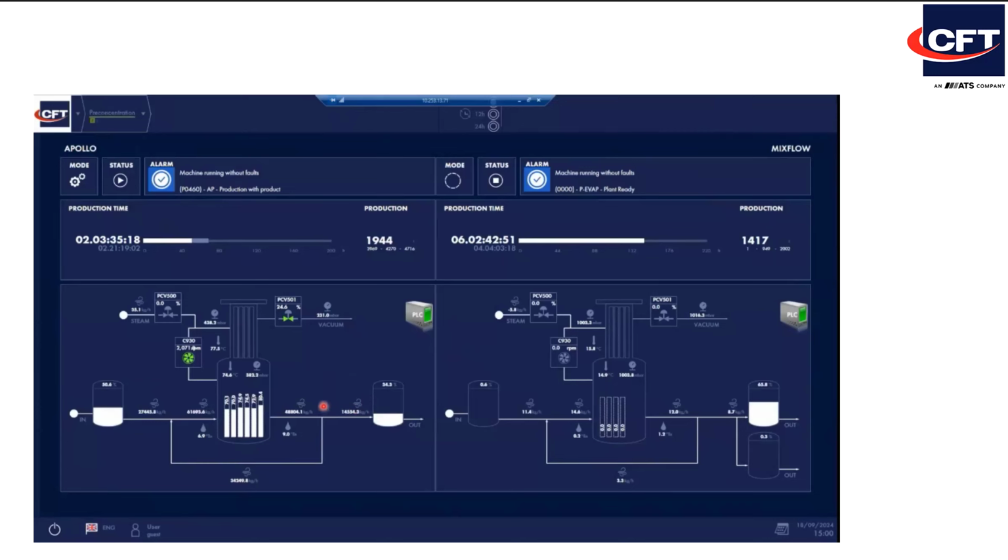In this way, the operator can make faster decisions and monitor any deviation of the performance from the ideal condition. In the specific case, we have an Apollo MVR falling film evaporator and the Mixlo MVR forced circulation.